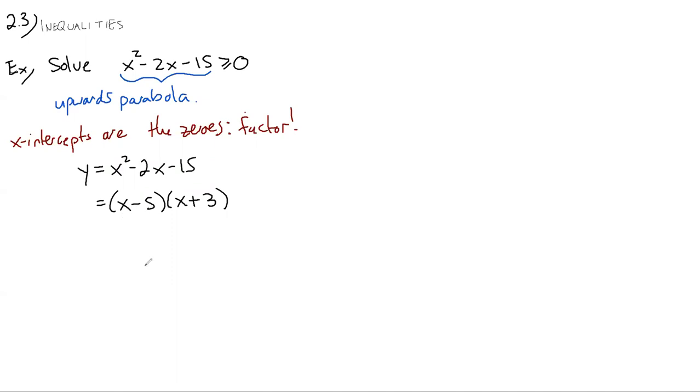So if we look at the graph of this, I'm not going to draw a great graph here, but what I know is that I've got my x-intercepts at -3 and +5. So let's just draw those.